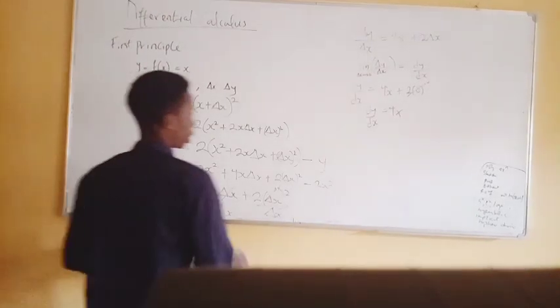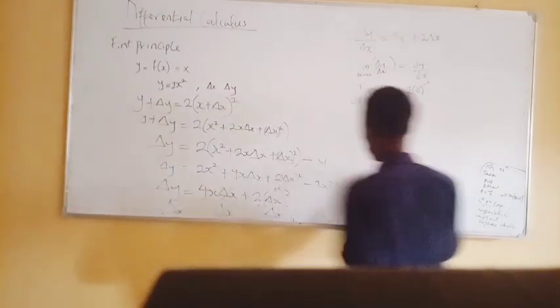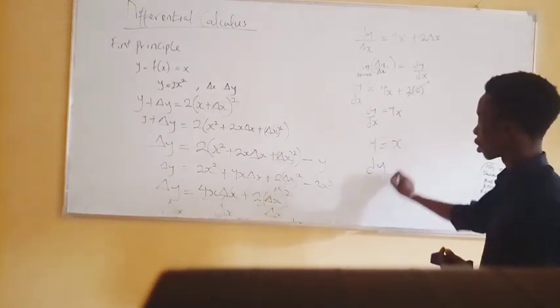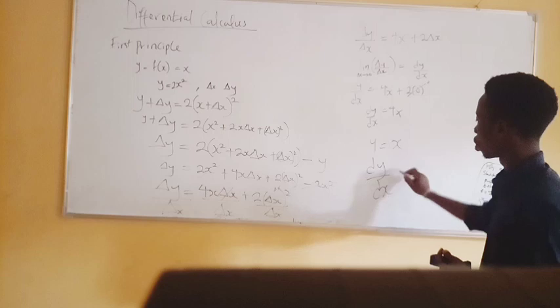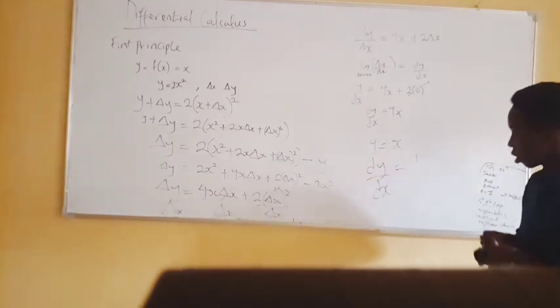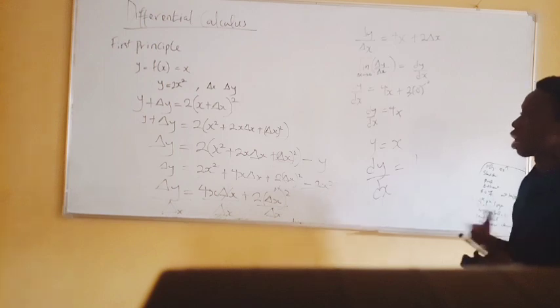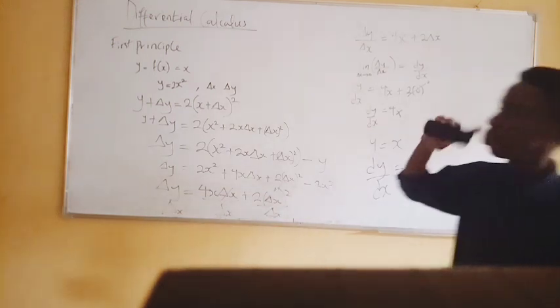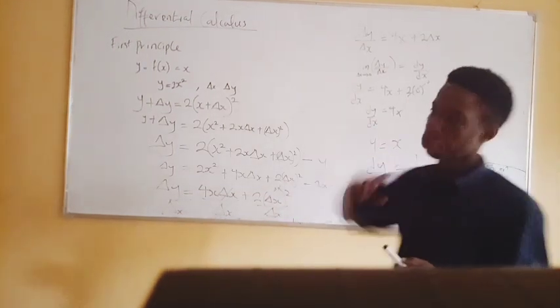So we found out that if y was equal to x, dy/dx gives us 1. This is the standard derivative. So we are going to look at other standard derivatives, and those standard derivatives can be gotten from the first principle.